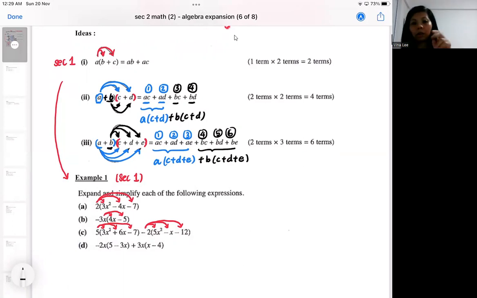Looking at the number of terms in each bracket, 2 and 3, you end up having 6 terms. If your bracket is very huge, you will have a lot of terms, and when you simplify a lot of terms, you have a lot of chance of making careless mistakes. So please complete example 1.